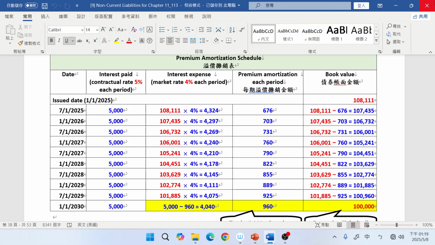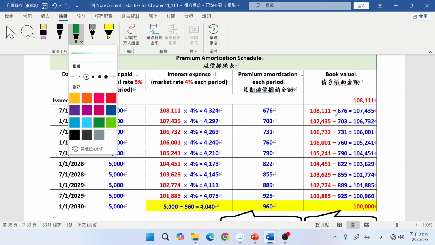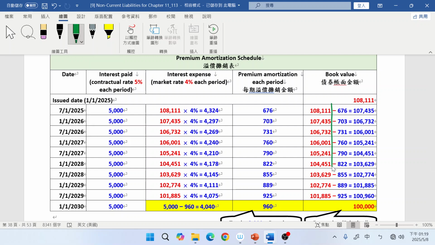Because it's issued at premium, 溢价发行, your second cost of borrowing will make your liabilities decrease over years. Did you find out? Your liabilities will decrease because of your second cost of borrowing.